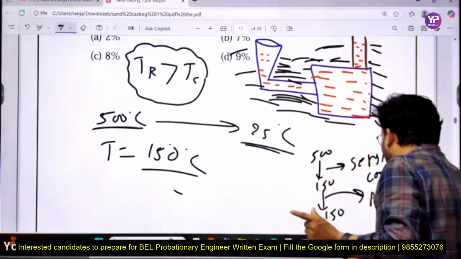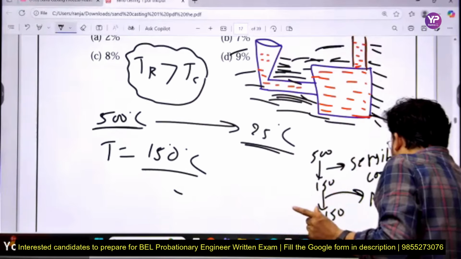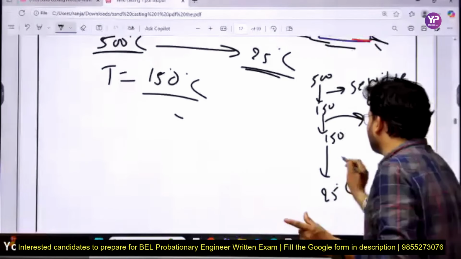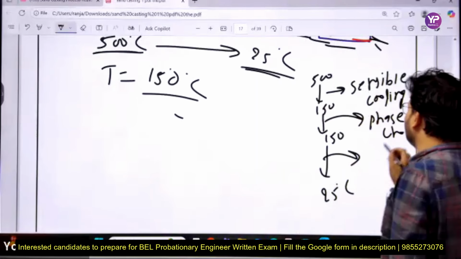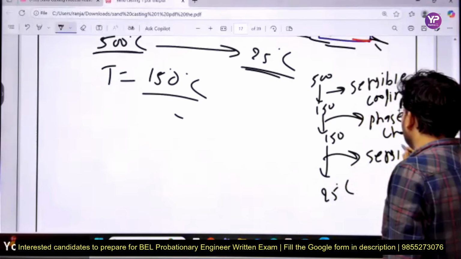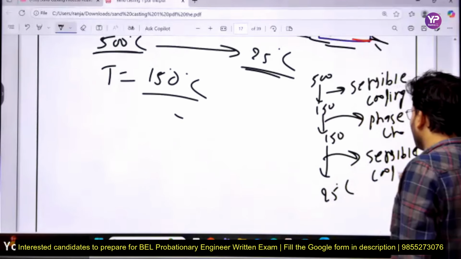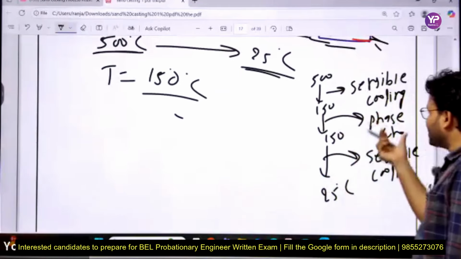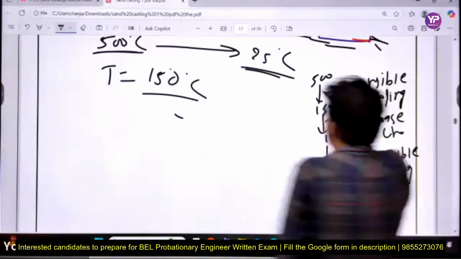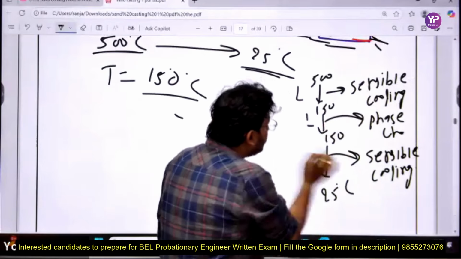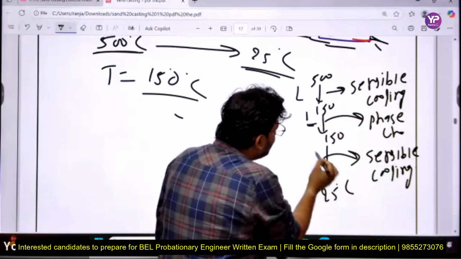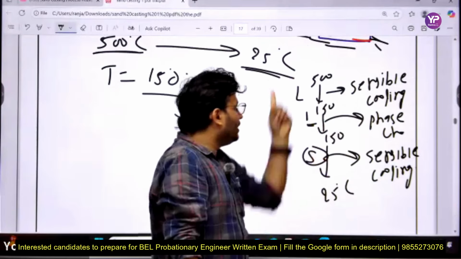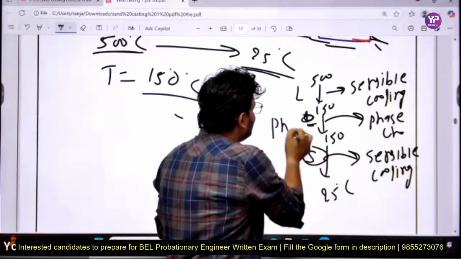After that, from 150 you reach the room temperature of 25 degrees Celsius, which is again sensible cooling. So how many stages come? First sensible cooling in the liquid, then phase transformation, and after that solid. So three stages: liquid, phase transformation, solid.